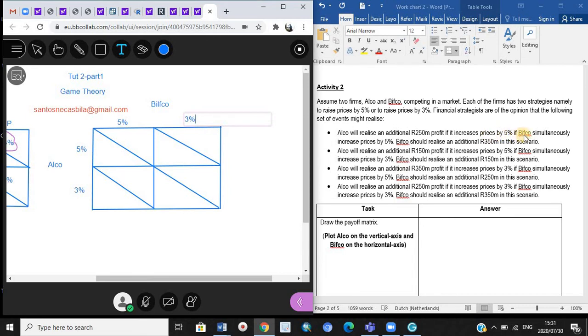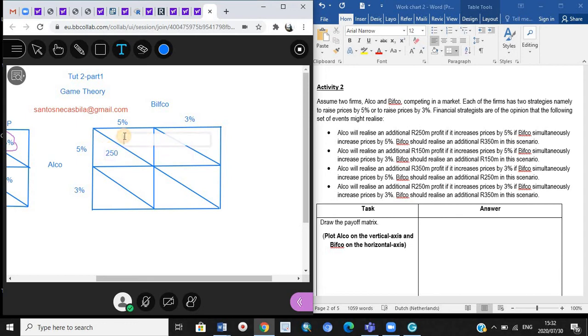If Bilco simultaneously increases prices also by 5%, Bilco should realize an additional 350 million in this scenario. That means if both of them increase by 5%, Alco should realize 250. So I'm going to write here 250.